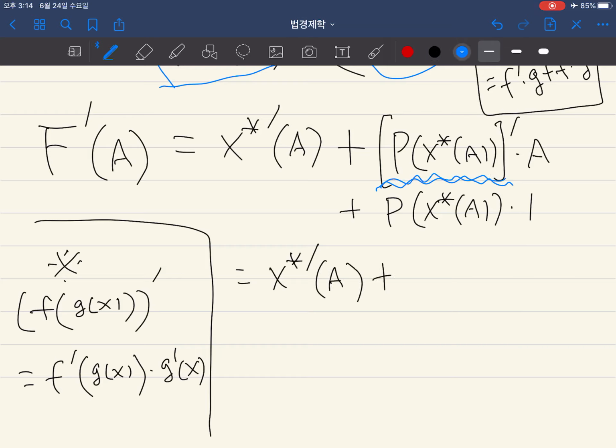So this blue expression here becomes the derivative of the outside function multiplied by the derivative of the inside function, and multiplied by a. So plus.